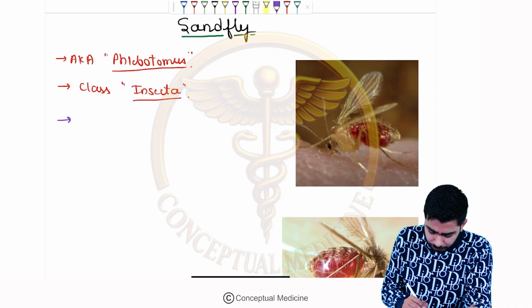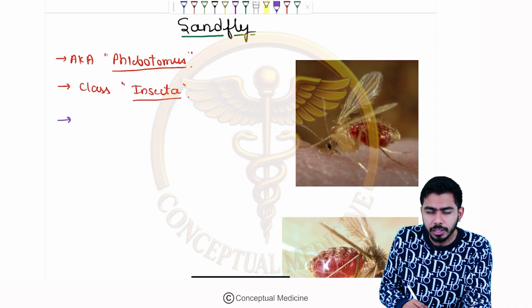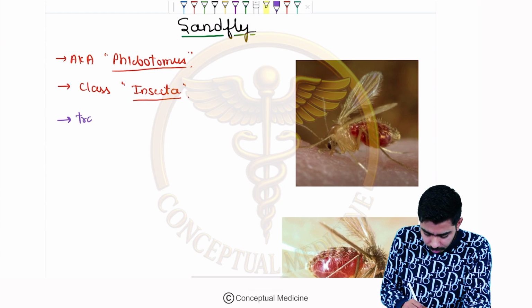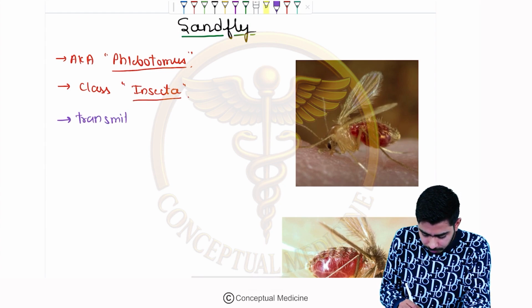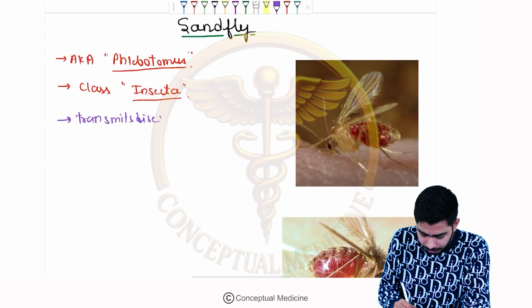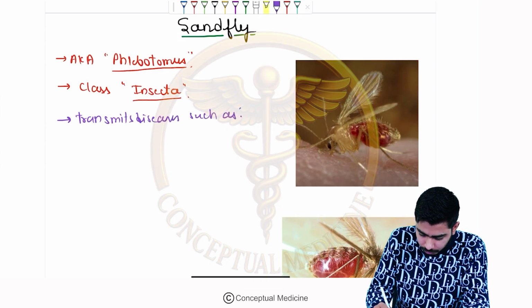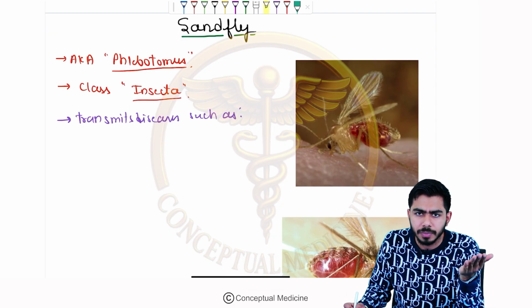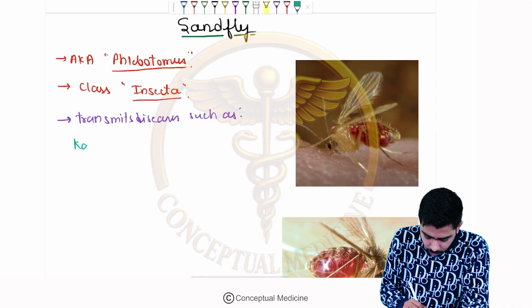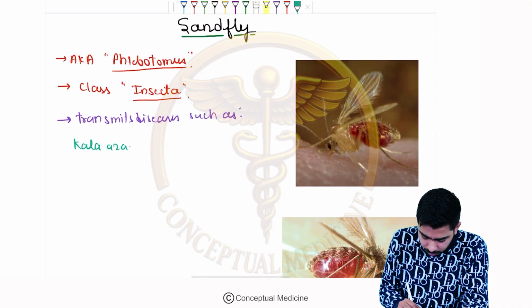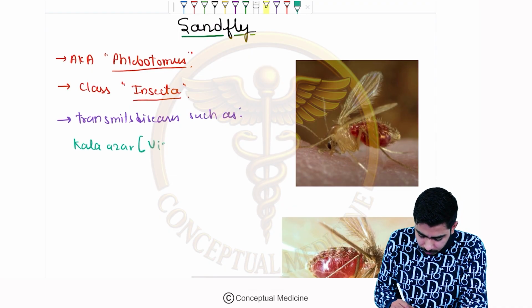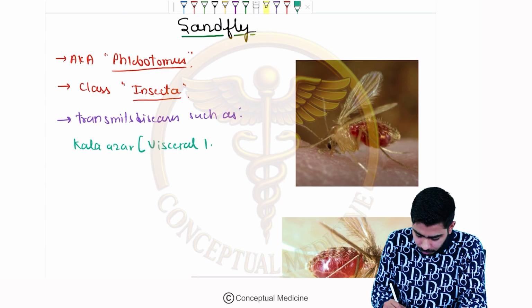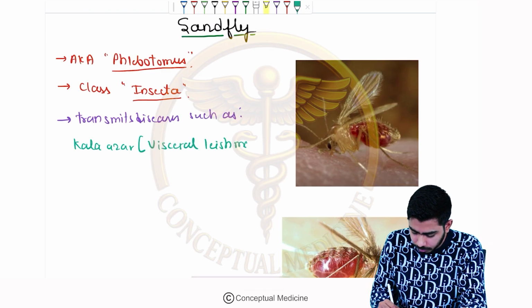So we should know that the Phlebotomus is capable of transmitting diseases. For example, a very popular one, Kala-azar, right? Kala-azar is also called visceral Leishmaniasis, very important for exam purposes.